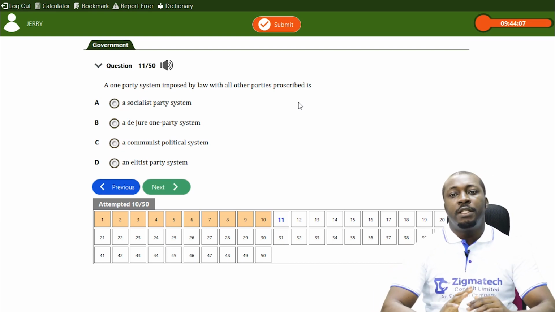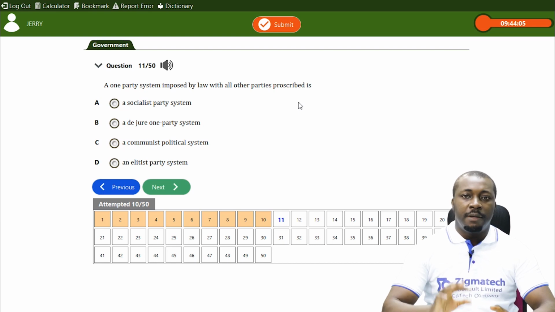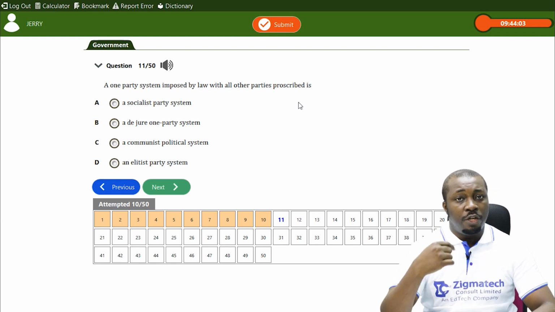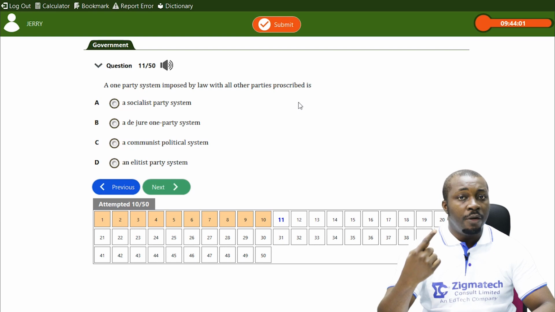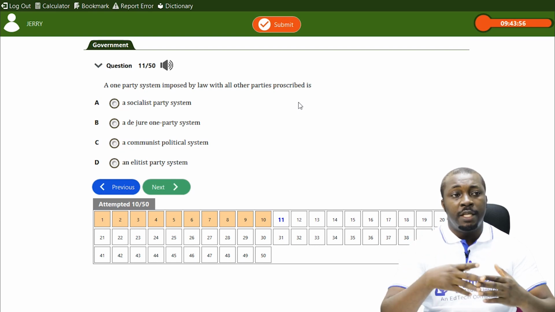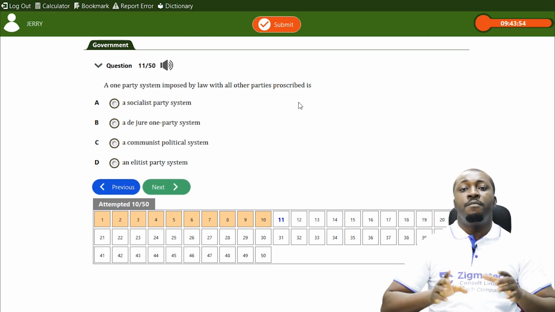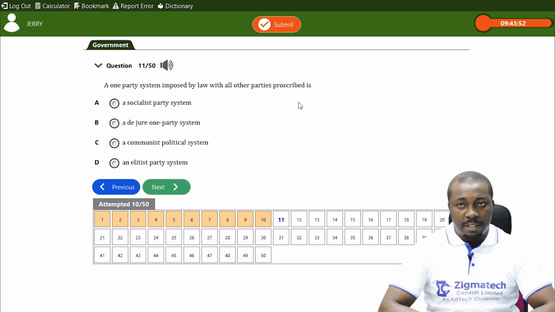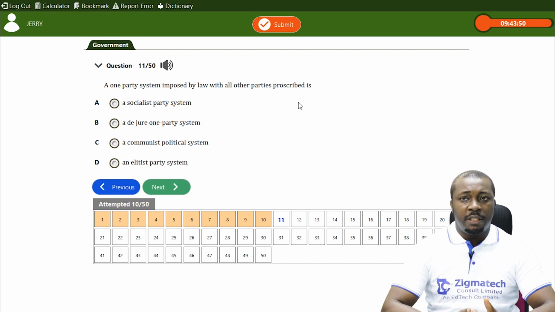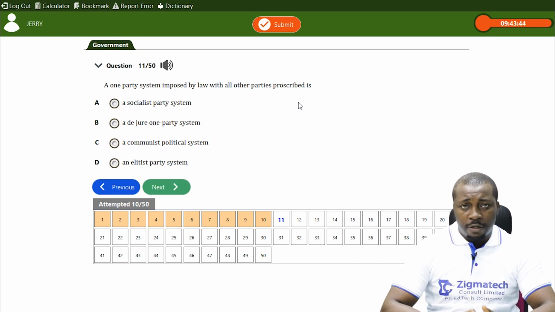The other one is de jure one-party system. Whenever you hear de jure in government, it has to do with lawful. So de jure is when the law itself establishes that there will be only a one-party system, which we have seen in socialist countries, fascist countries, totalitarian states.